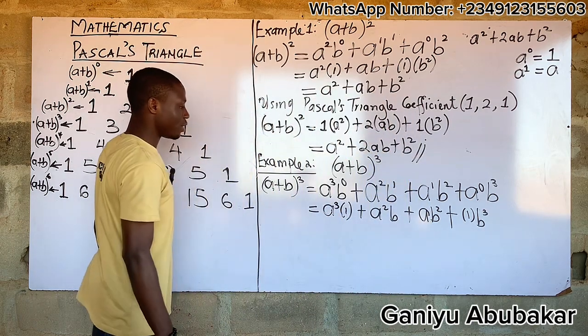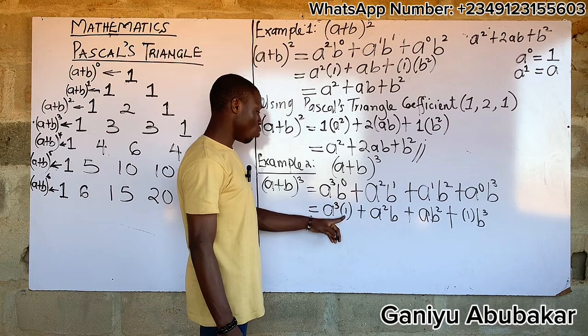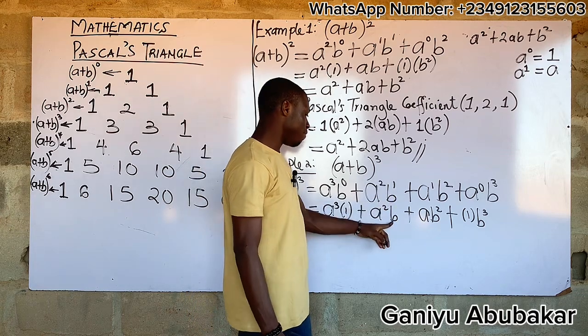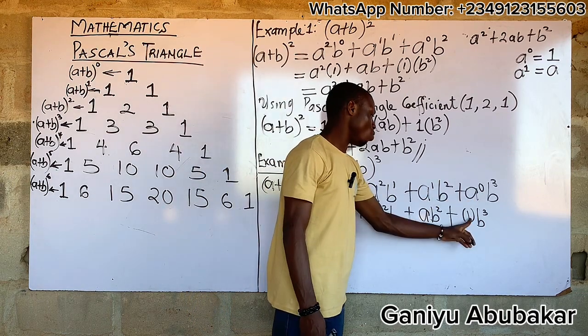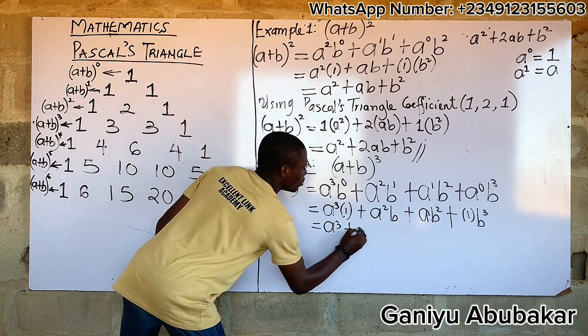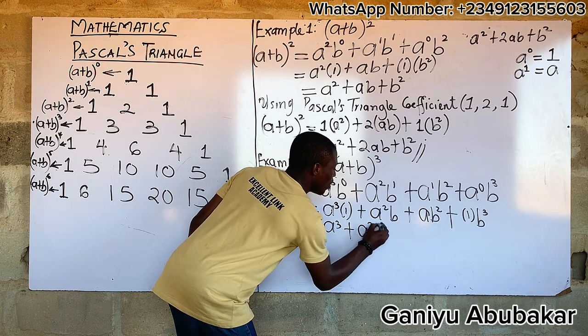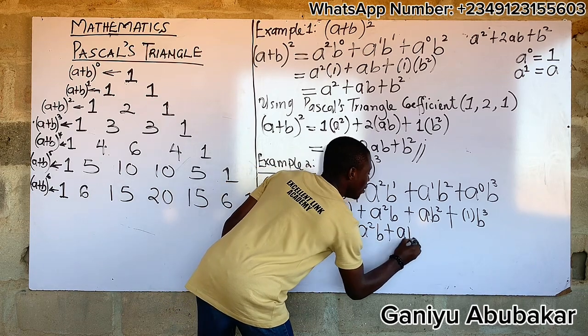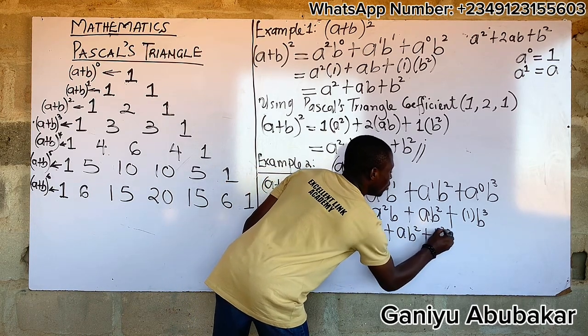At this point, what do I get? Observe that x to power 0 is 1, x to power 1 is that value, x to power 0 is 1. So what I get here becomes a cube plus a squared b plus ab squared plus b cube.